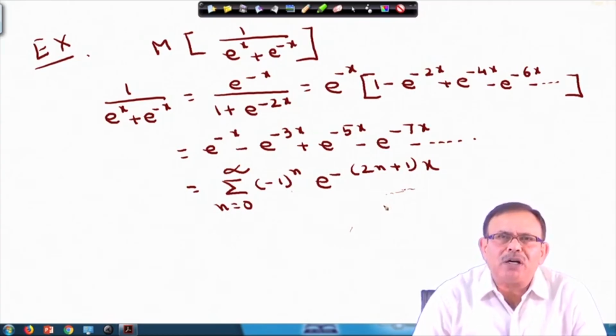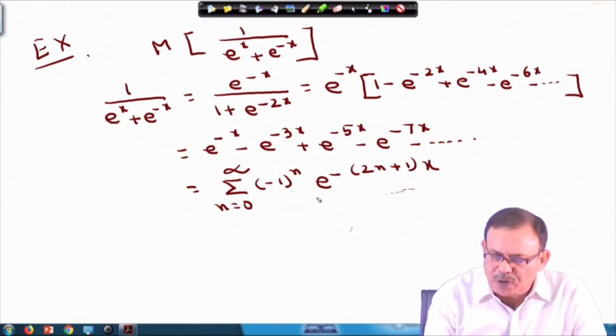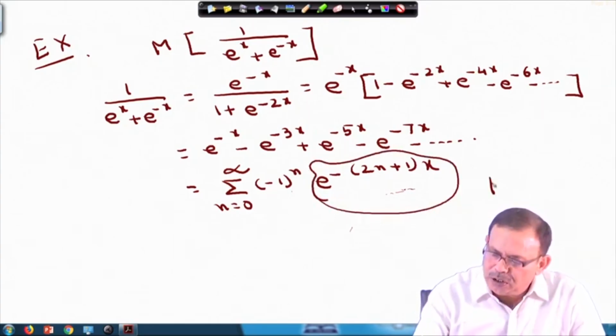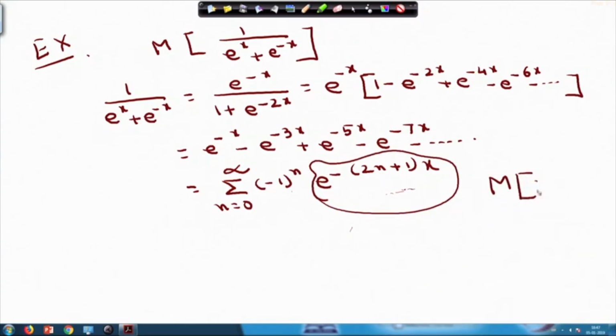And I hope you can understand why we are transforming this in terms of e power, because already the Mellin transform of e power a x or e power minus a x is known to us. Since the Mellin transform of e power a x is known to us, the Mellin transform of this part we can find out very easily.